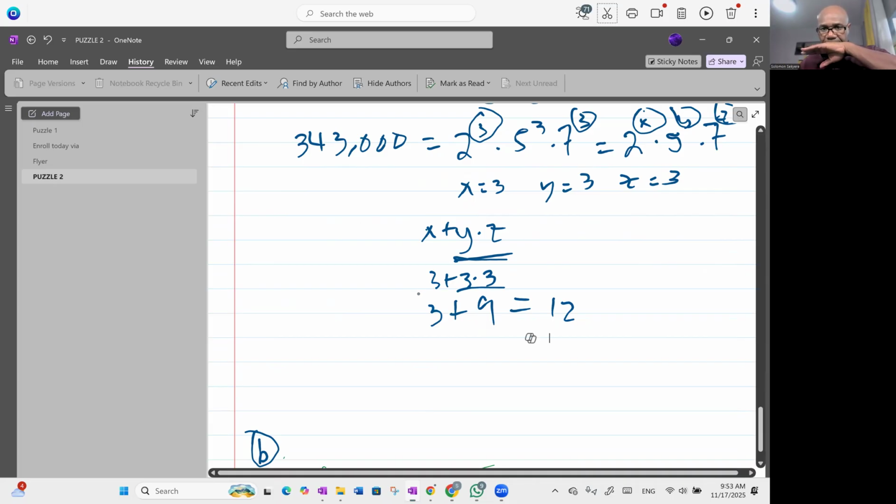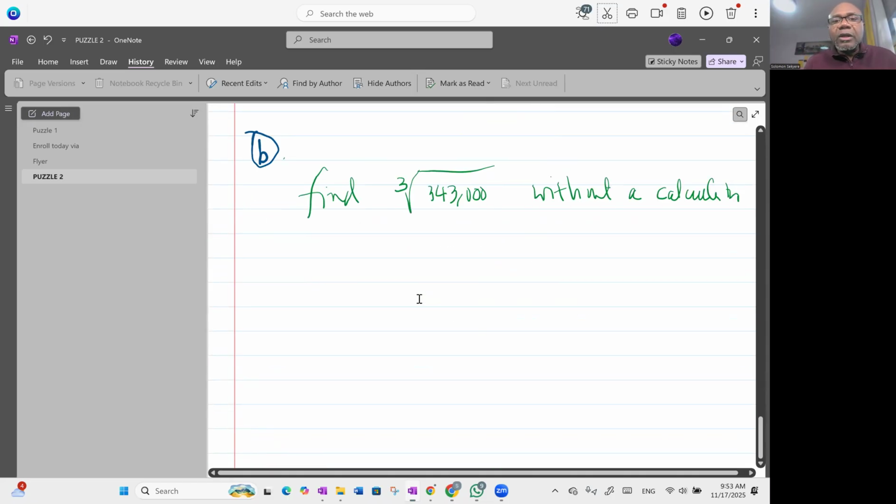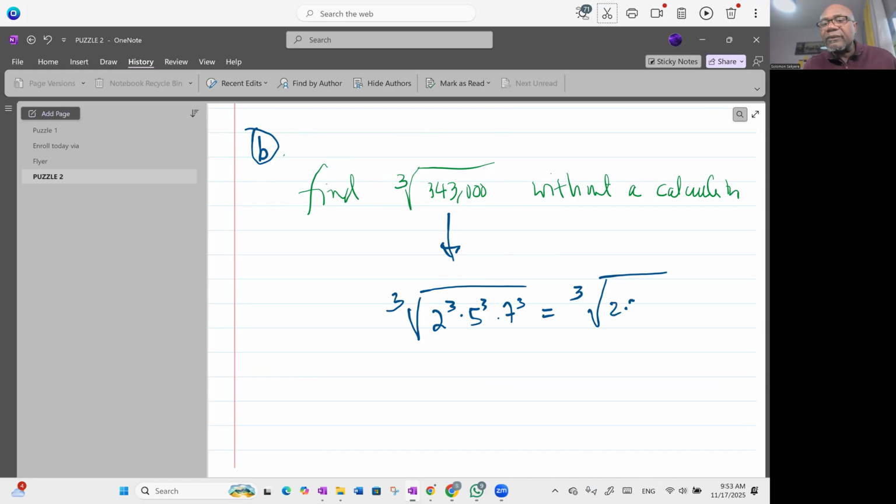Okay, now that we have that, it says find, without a calculator, the cube root of this number. So we rewrite this as 2 cubed times 5 cubed times 7 cubed. Remember? And this could be the cube root of 2 times 5 times 7, all cubed.